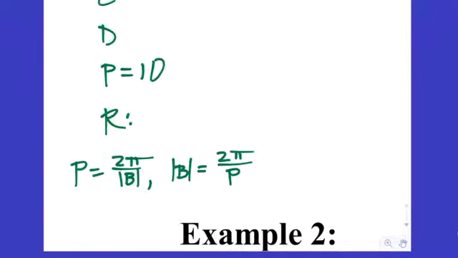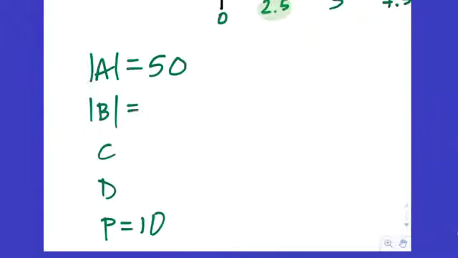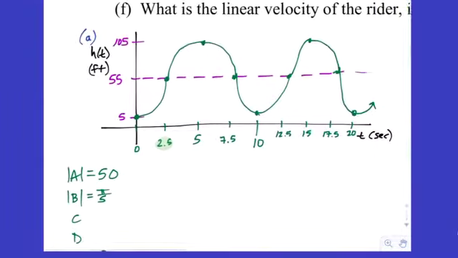Kind of the same thing, you're just dividing by the period now. So if the period is 10, what's 2 pi over 10? Pi fifths. Good. So B is pi fifths. So between 0 and 2 pi, which is like 6-ish, we only see pi fifths of a rotation. A little bit more than a half of a rotation.